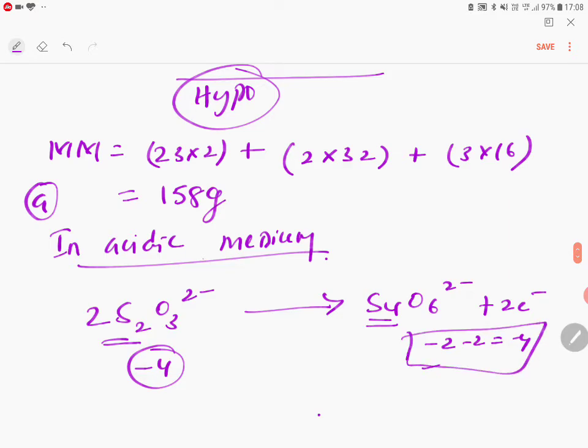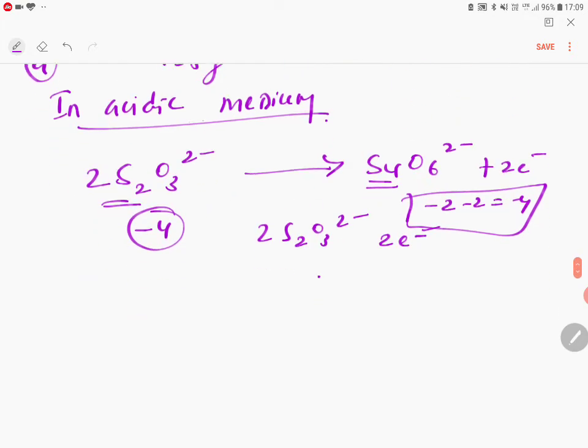So therefore directly we can come to a conclusion that for 2 molecules of S2O3 2 minus, so here is a trick. 2 ions of S2O3 2 minus, you are having 2 electrons, but always n factor should be calculated only for one molecule or one ion.